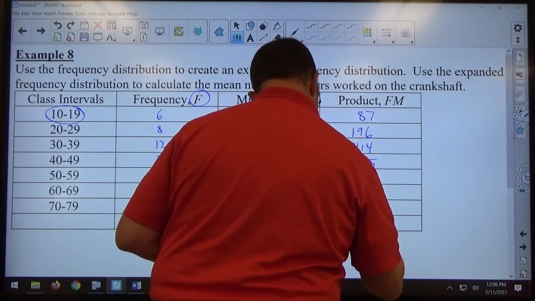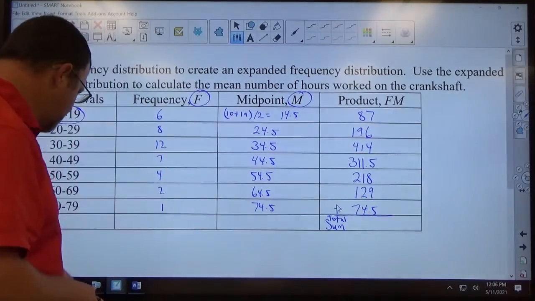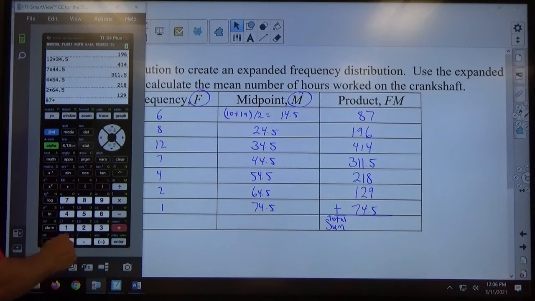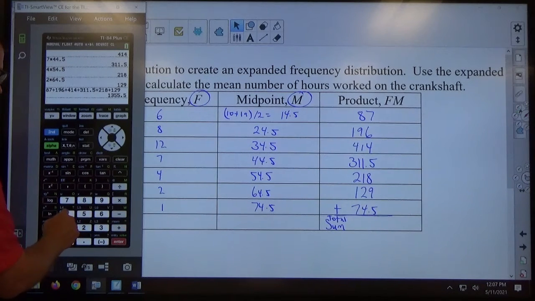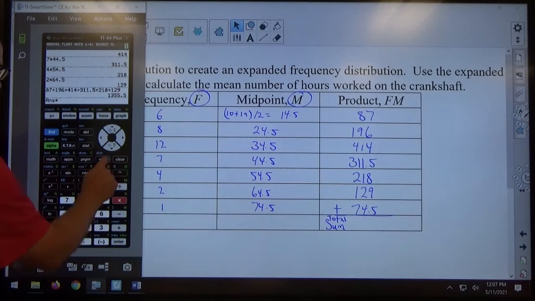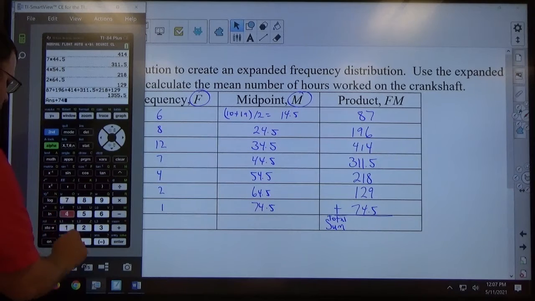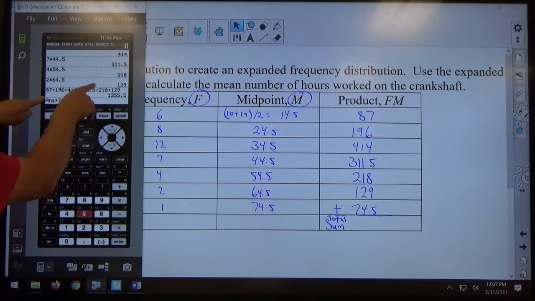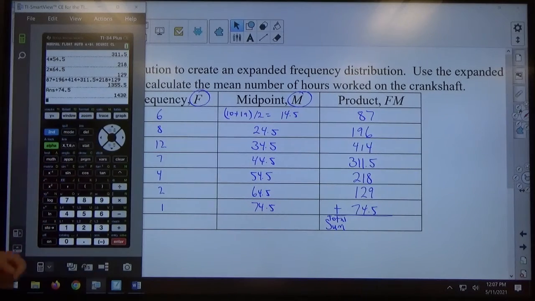Total. All right. So if I take my calculator and just punch those 7 numbers in, 87 plus 196 plus 414 plus 311.5 plus 218 plus 129 plus 74.5, that comes out to 1,430.